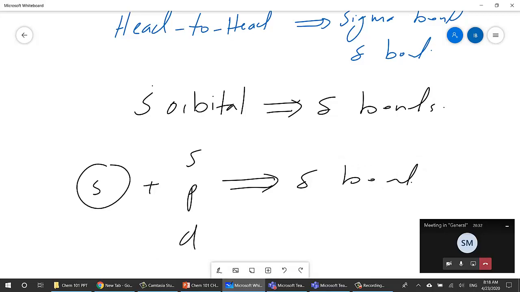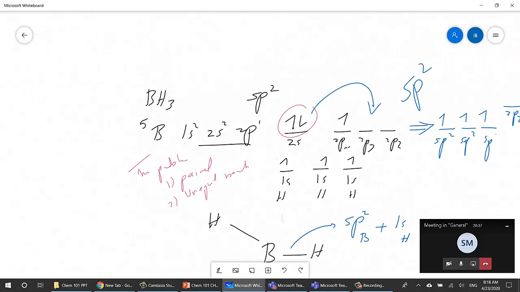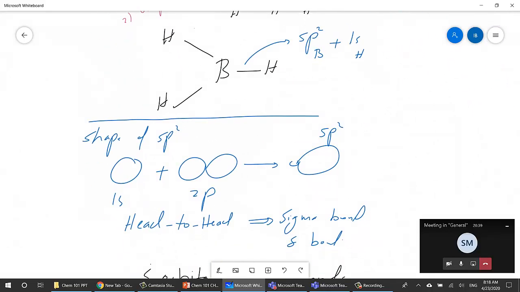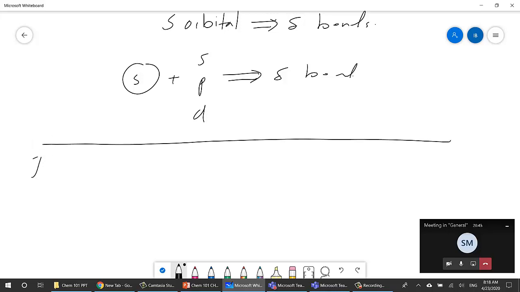So we learned about the sp2 hybridization, and we learned about the sp3. There's also sp hybridization, just like the case in beryllium BeCl2. Watch this. Or let's make it simpler by having BeH2. Beryllium has only 4 electrons, so 1s2, 2s2.